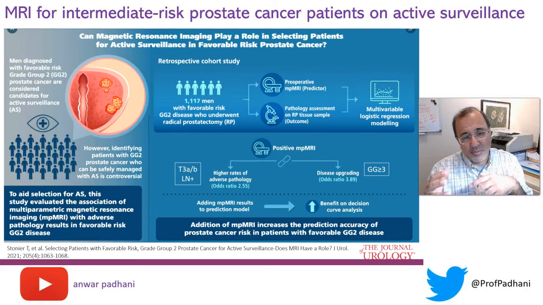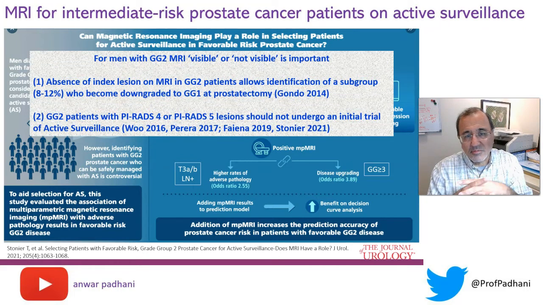And if you have a positive MRI, you're much more likely to undergo upgrading on the prostatectomy specimen. And in fact, this has been confirmed by other studies also, meaning that grade group 3 patients with visible PIRADS 4 and 5 lesions in particular should not undergo a trial of active surveillance, even in men with favourable intermediate risk prostate cancer.